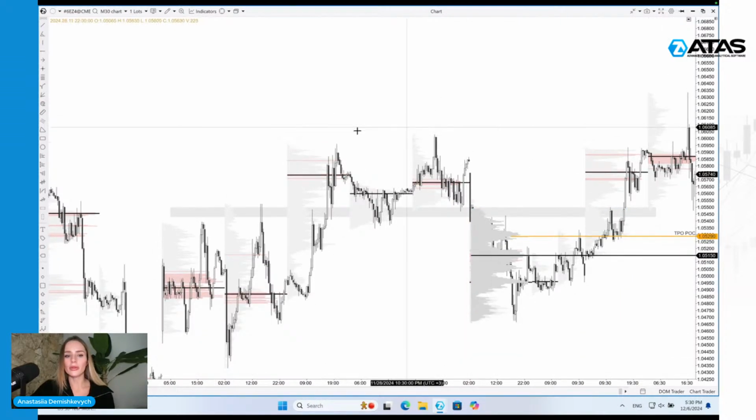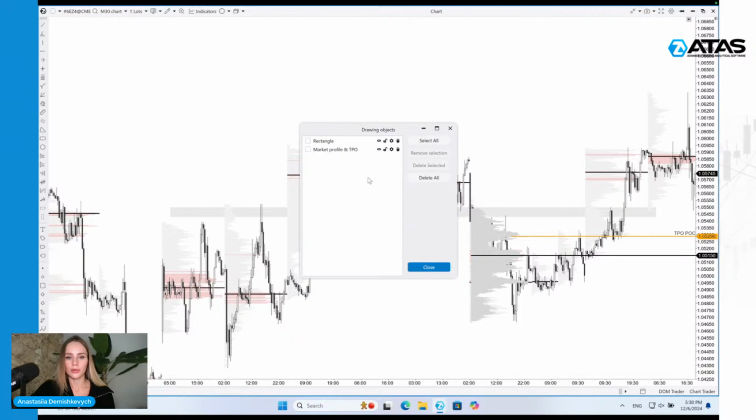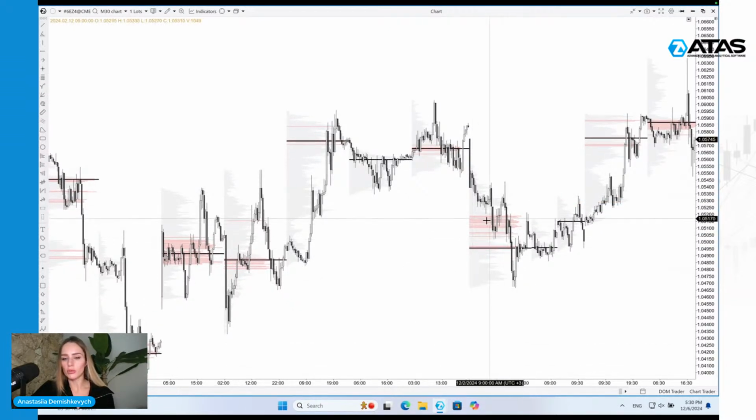Now, the volume profile itself, as we talked about, consists of the high volume nodes. One of those is the point of control, the biggest volume node. And it also consists of the low volume nodes.